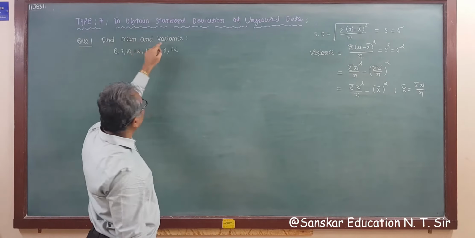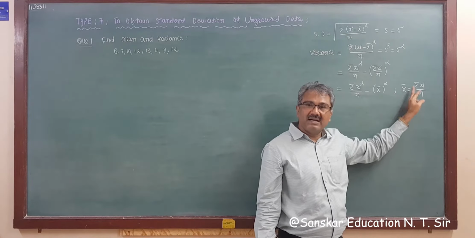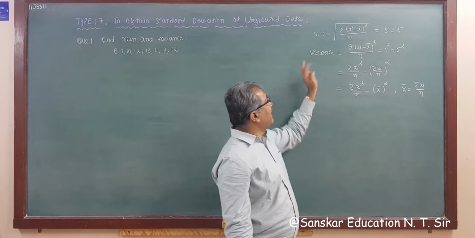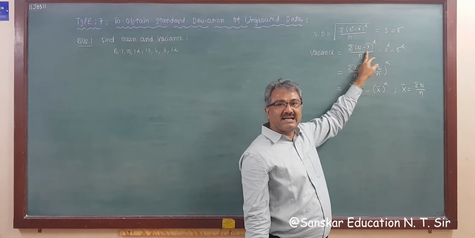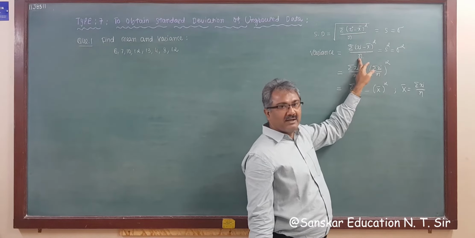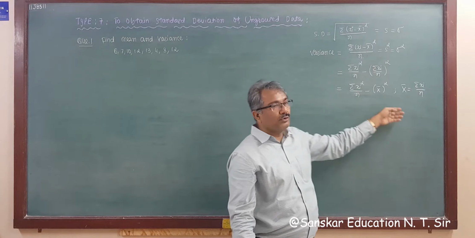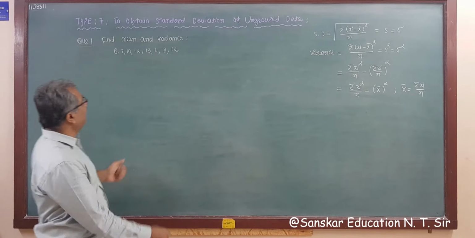Here we require mean and variance. For ungrouped data, mean is sigma xi upon n, and the formula for variance is sigma xi minus x bar whole square upon n. According to these formulas you have to prepare a table. First of all xi.